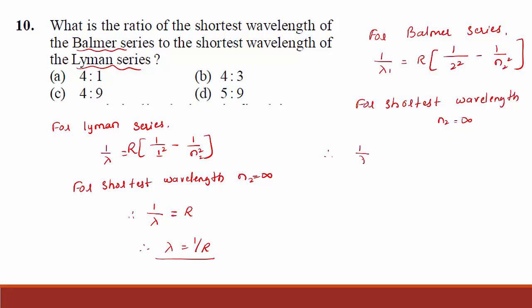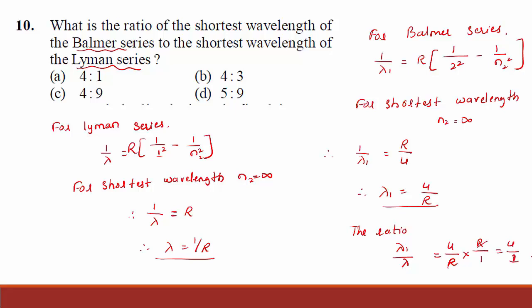Therefore, 1 by lambda 1 equal to R divided by 4, so lambda 1 equal to 4 divided by R. Now the ratio of Balmer series to Lyman series is lambda 1 divided by lambda, which is 4 by R divided by 1 by R. R gets cancelled, that gives 4 divided by 1. So the ratio is 4:1. Option A is correct.